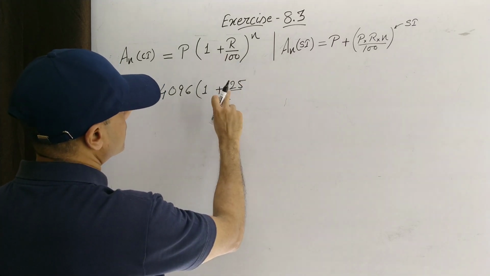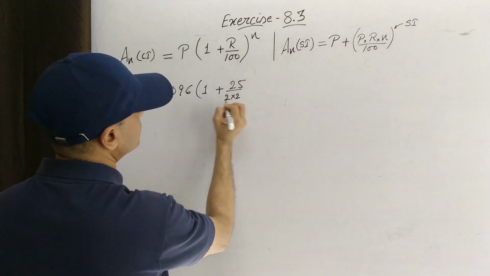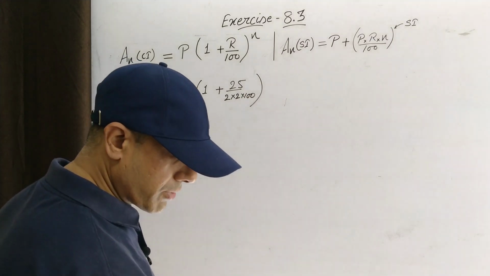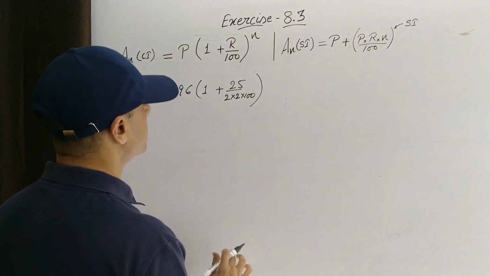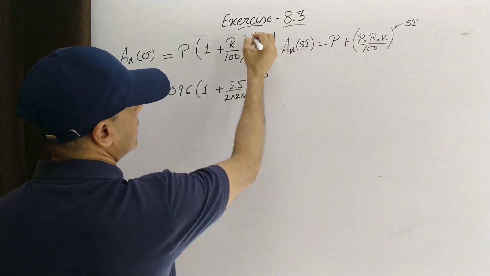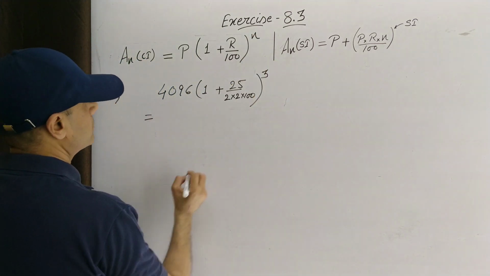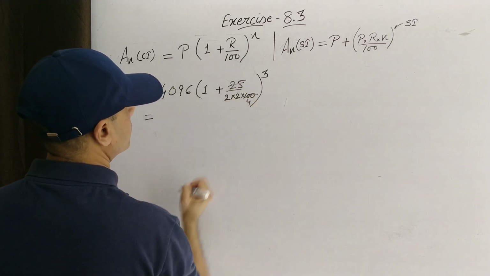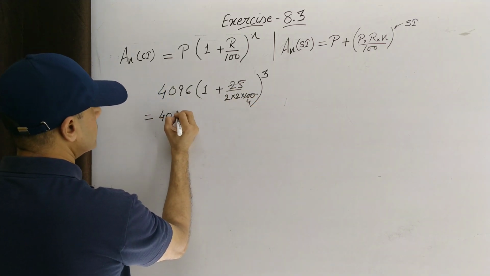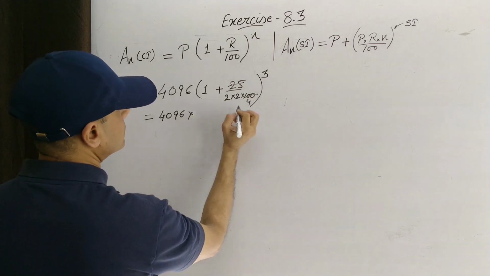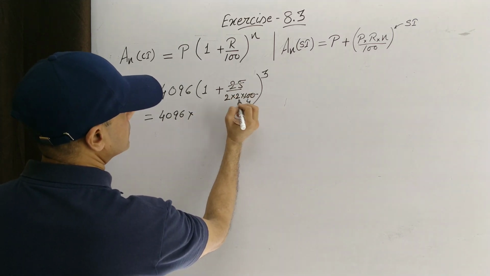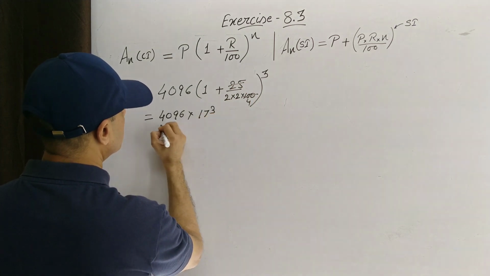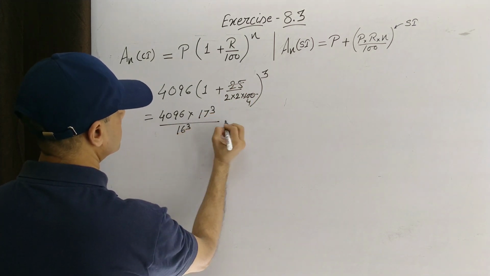So interest for half year will be divided by 2, one more 2 here, and we are calculating for 18 months, that is 3 half years, n is equal to 3. So we have 4096 into, this is 16 plus 1, 17 cube divided by 16 cube.